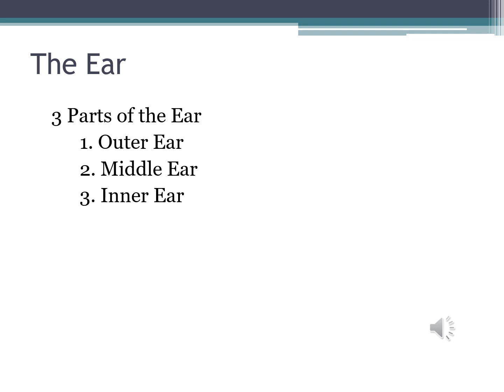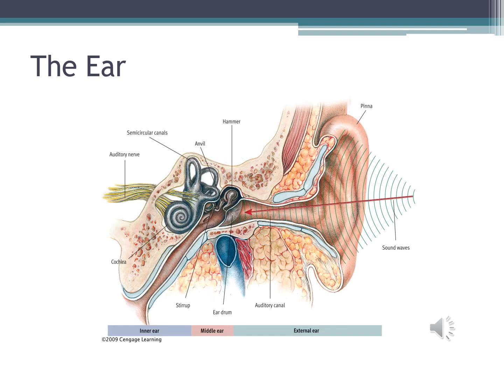As we get this information to the sensory receptors, the mechanics of the ear, we're going to start with the outer ear, talk about the middle ear, and then the inner ear. Looking at this slide, sound is coming in from where you're seeing on the right, being captured by the pinna, or the pinnae, which I'll probably continue to call them, as that's the plural.